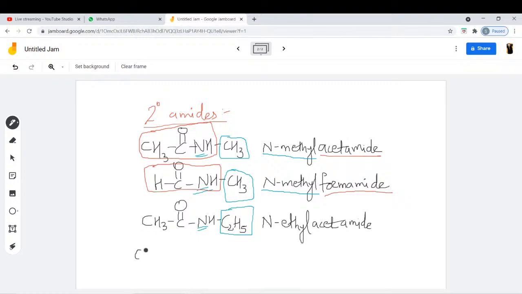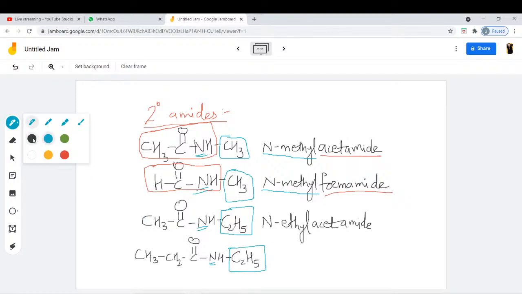Next, if there is CH3 CH2 C double bond O NH, then here C2H5, try to give its name. To this nitrogen the ethyl group is attached, so its name will be N-ethyl. Then how many carbons are there?